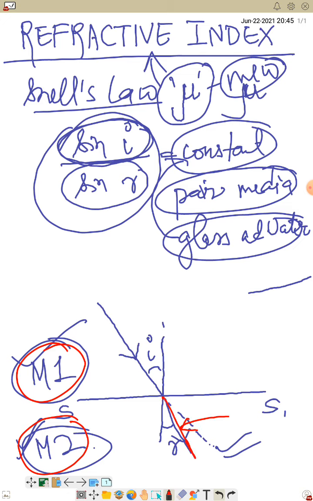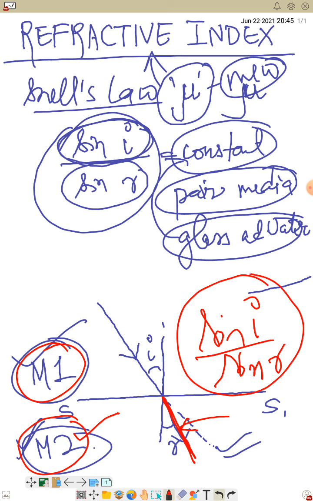Now it is in which medium? Medium 2. So here sine of i by sine of r will be the refractive index of the second medium. Why? Because the refracted ray is in the second medium. This is another way to know whose refractive index you are talking about.